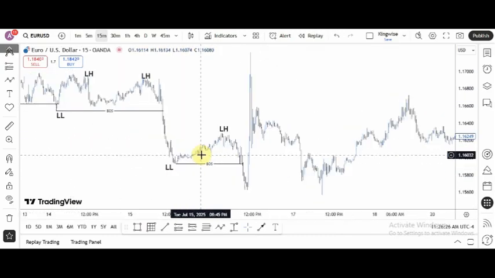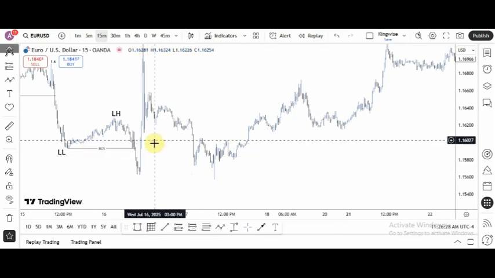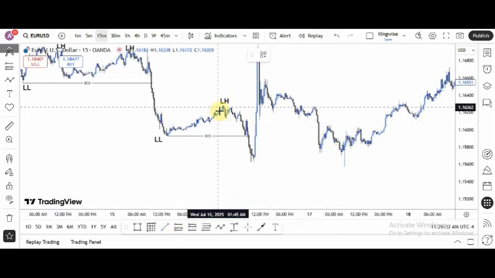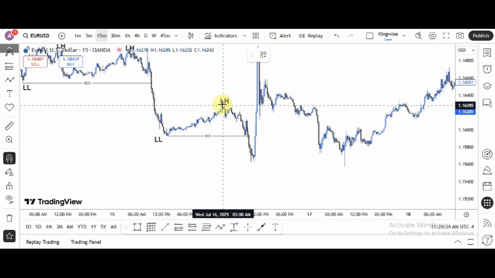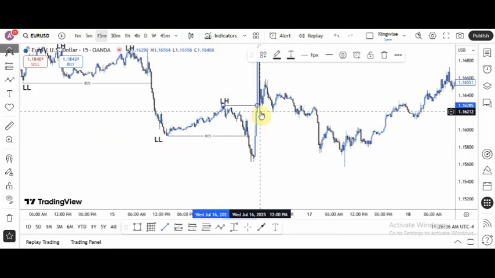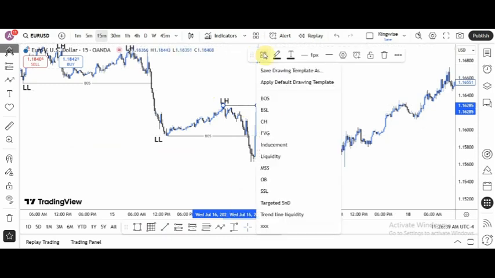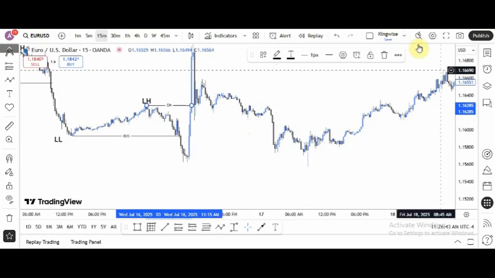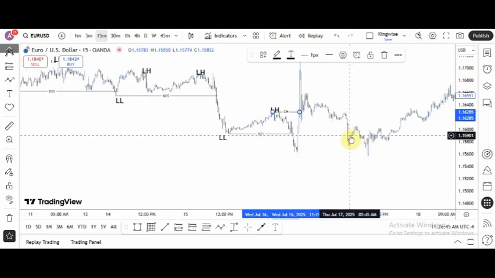So what did we see here? We saw that the high that took out that structure was taken out here. So this is a change of character, telling you that price now wants to start buying.